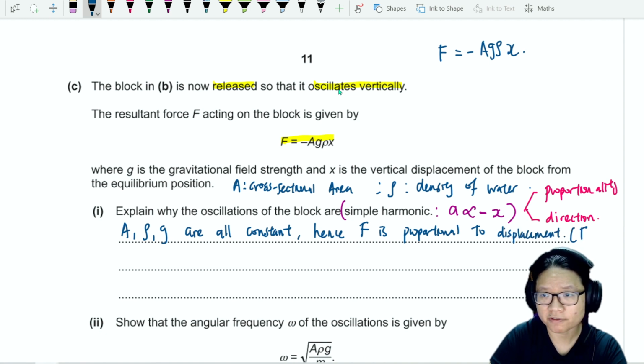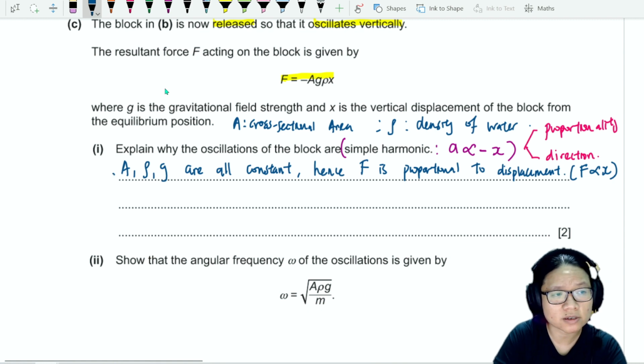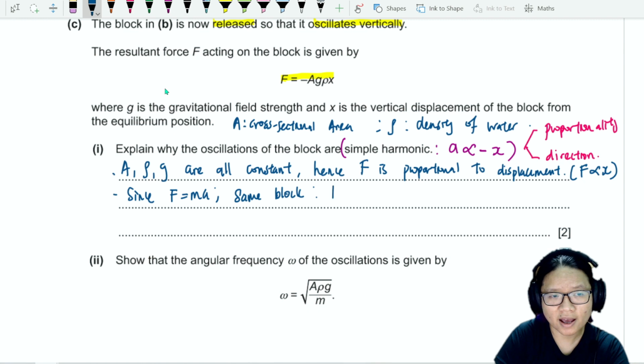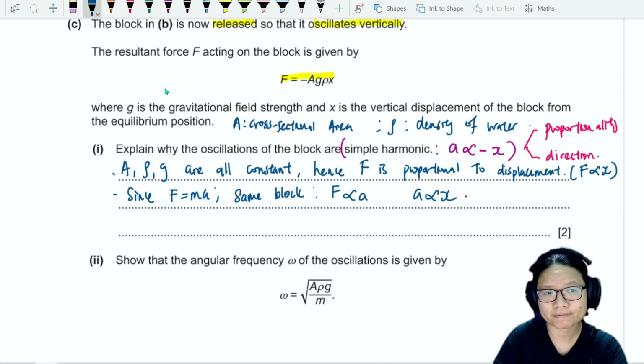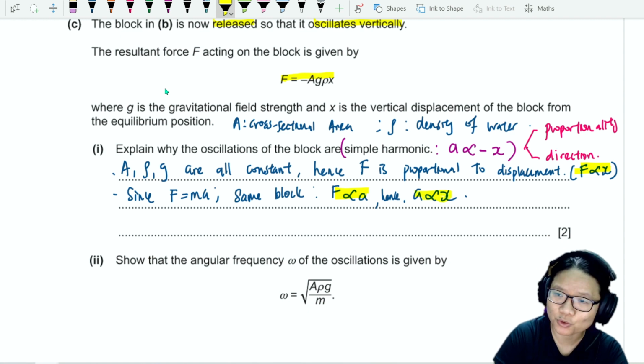So this is the first statement: F is proportional to x. But teacher, how do we invite acceleration? Well, you can add a quick line and say, since F is ma, for the same block, F is proportional to a, hence a is proportional to x. F is proportional to x, but F is also proportional to a, so a is proportional to x.